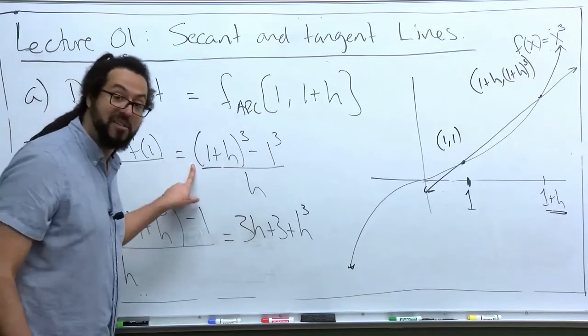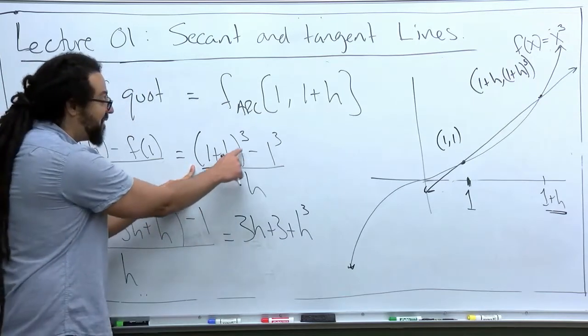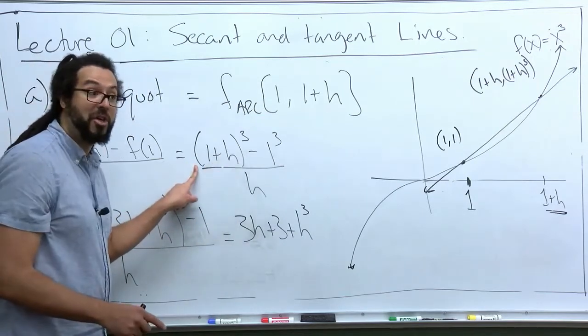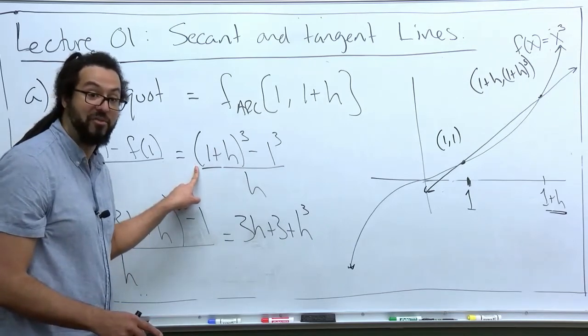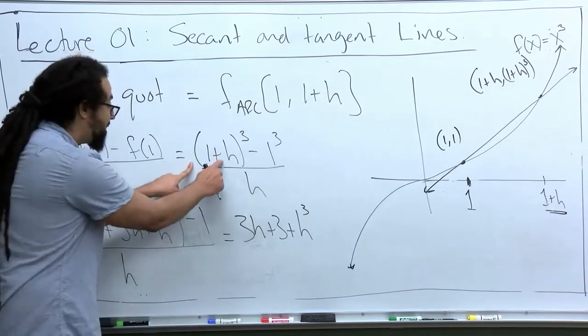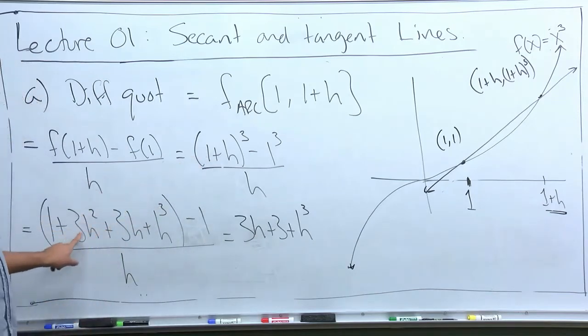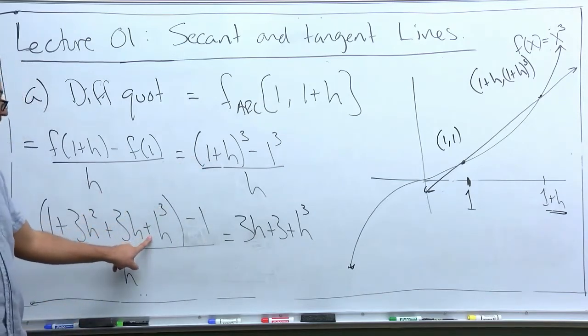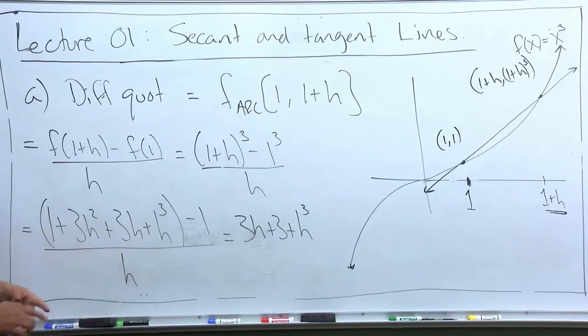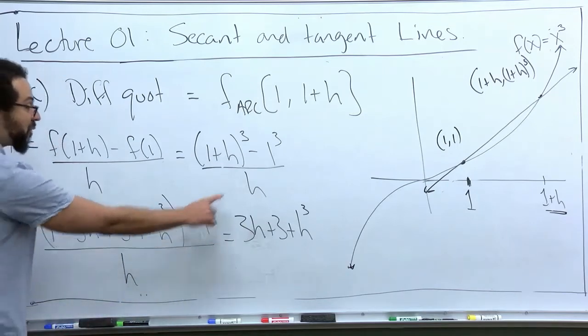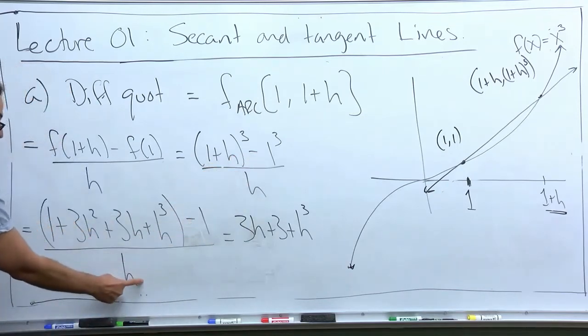Do not make the mistake of saying that (1 plus h) cubed is 1 cubed plus h cubed. That is very false, right? Remember that you need to FOIL. So again, 1 plus 3h squared plus 3h plus h cubed. And then we want to subtract 1, and then divide by h.